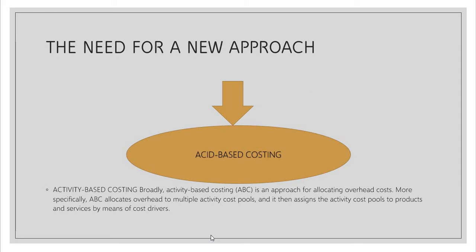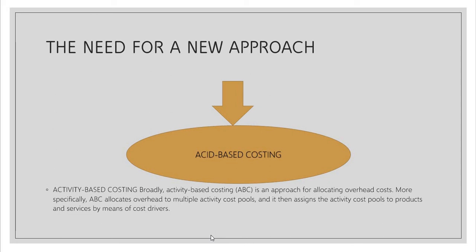Yung first stage natin is it allocates overhead to activity cost pools. Okay? Malinaw tayo doon ha. So, yung meaning behind the allocation cost is relatively simple because the products consume activities. And the activities naman, o yung paggawa, consume resources.